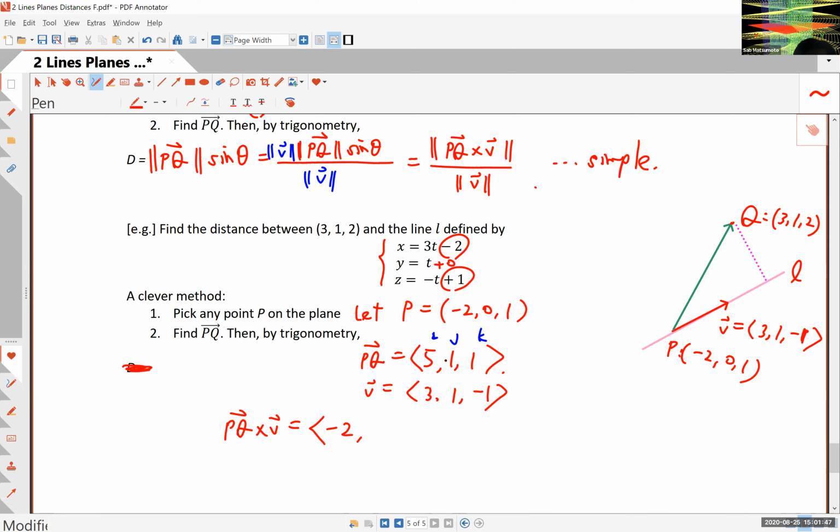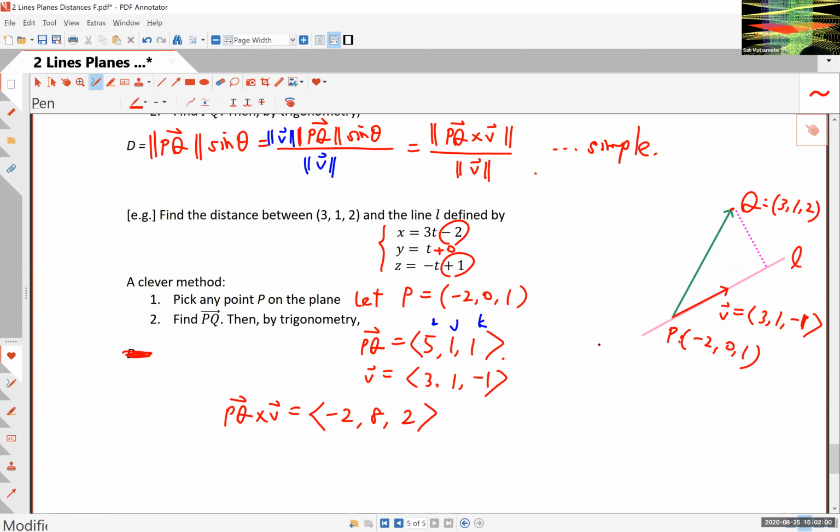Okay, and then the next one is -5 minus 3, that's -8, but remember, the sign has to be changed for the second component. And then the last one will be 5 minus 3, which is 2. Okay, so that's our cross product.